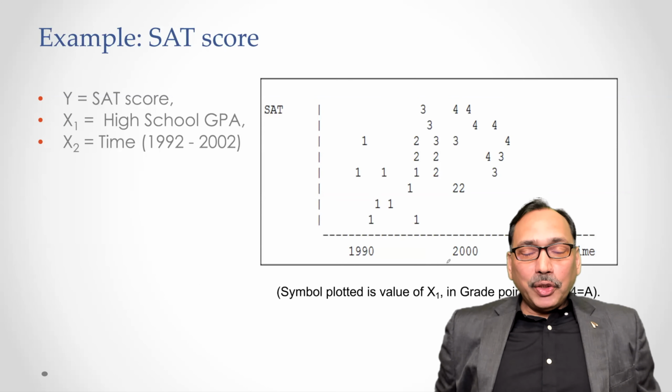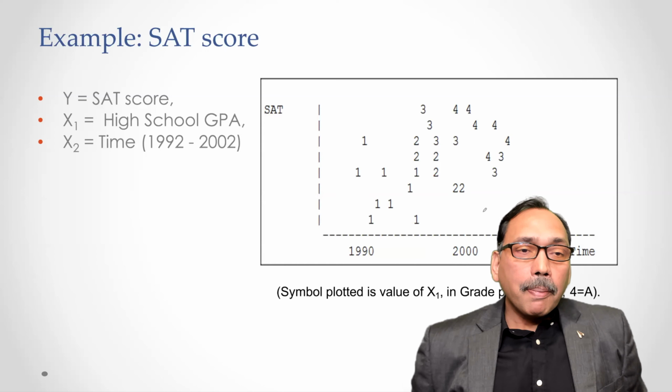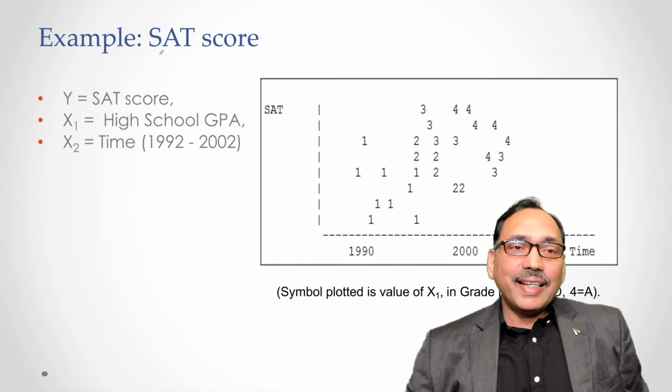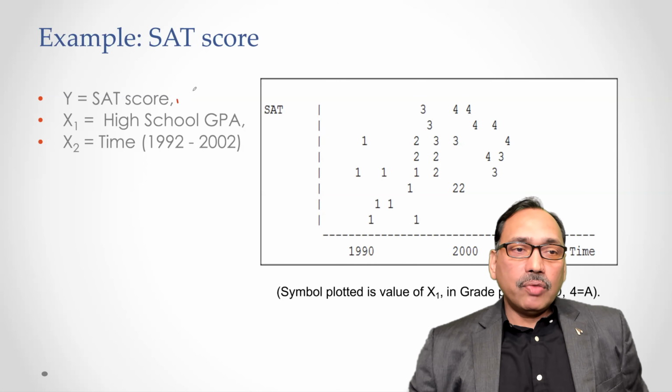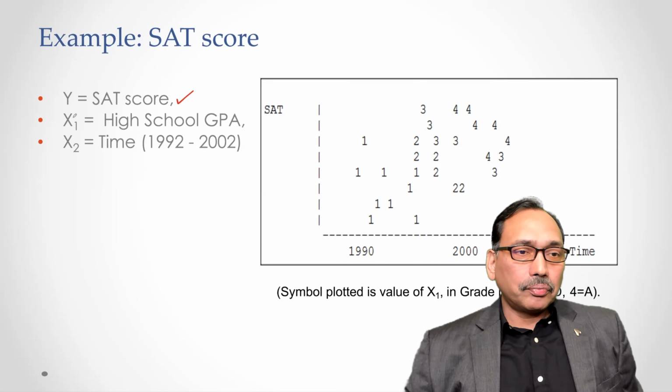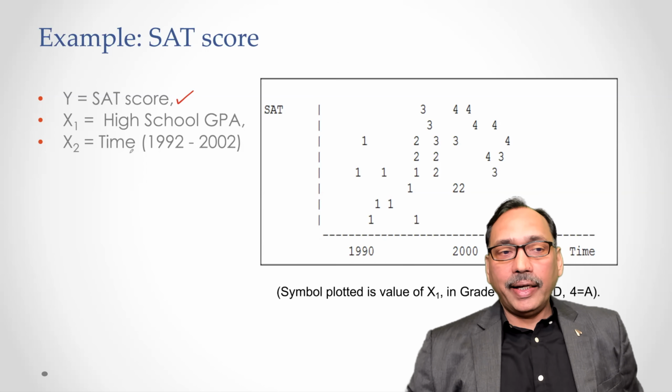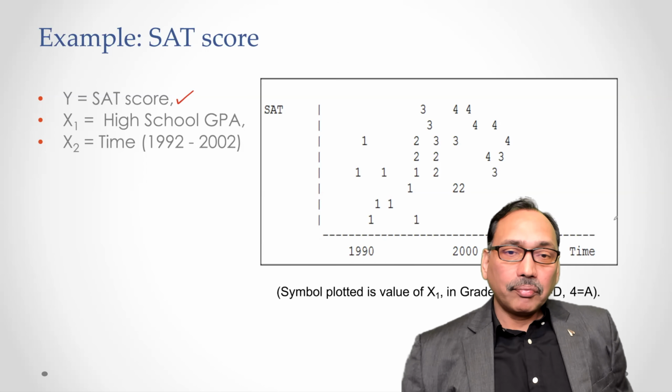So let me give you another example. This is about SAT scores, where Y, the response variable, is SAT score. X1 and X2 are high school GPA and time here.